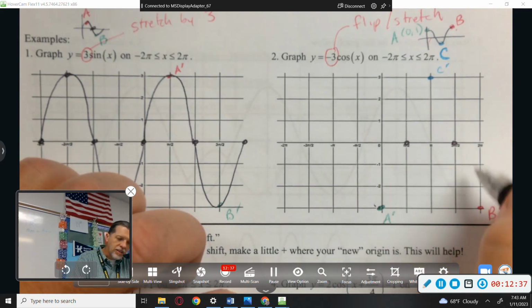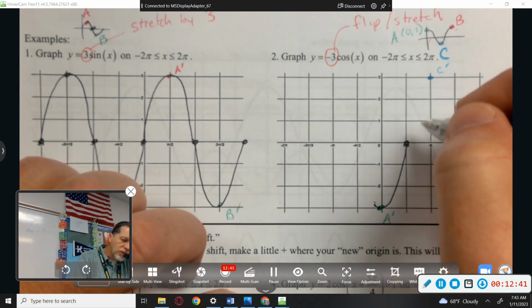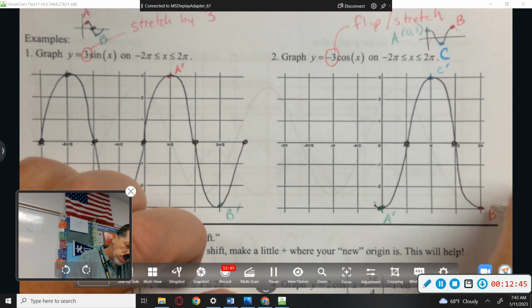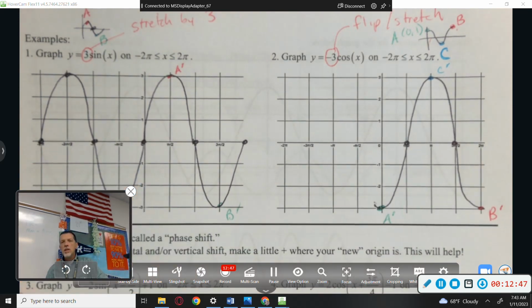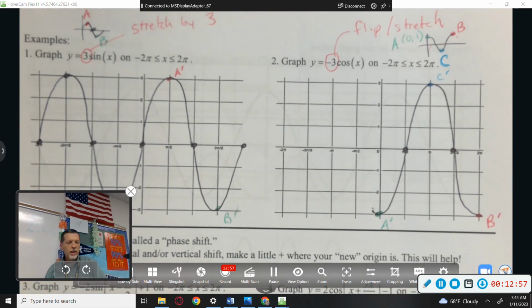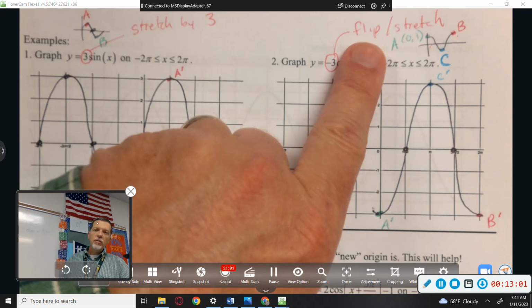Okay, this looks like a giant upside down V, but remember, there's curvature here. It's a wave. And then after you do one cycle, see if what you drew matches what you said. That's always a good check on parent function transformation stuff. Flip it and stretch it.